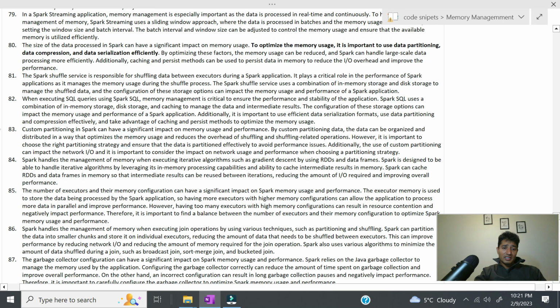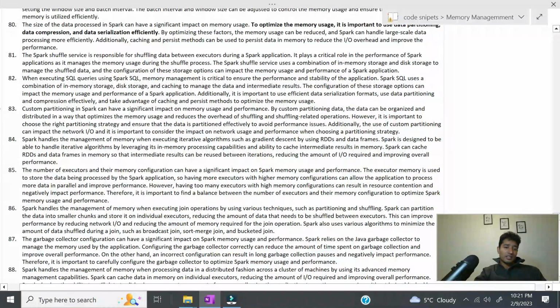Spark shuffle is responsible for shuffling data between executors in a Spark application. It plays a crucial role in Spark applications, but it is highly intensive on memory usage, right?